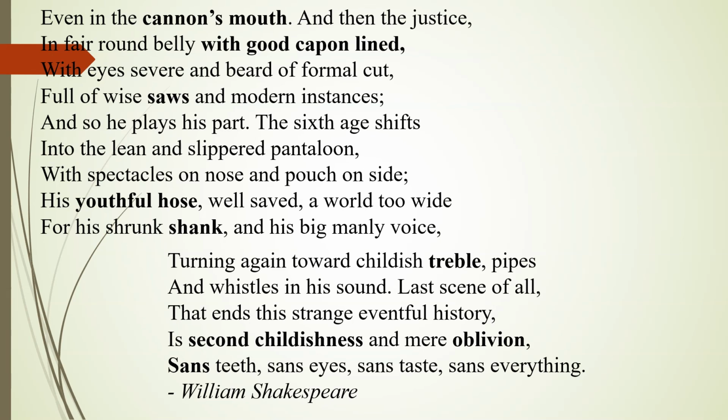Fourth age is soldier, always angry, ready to fulfill their goals and accept all the challenges in life. Fifth stage is justice, a matured person who helps the younger ones and older ones in the family.